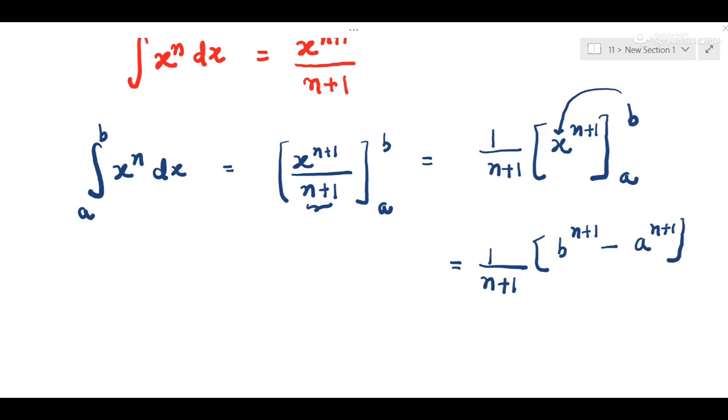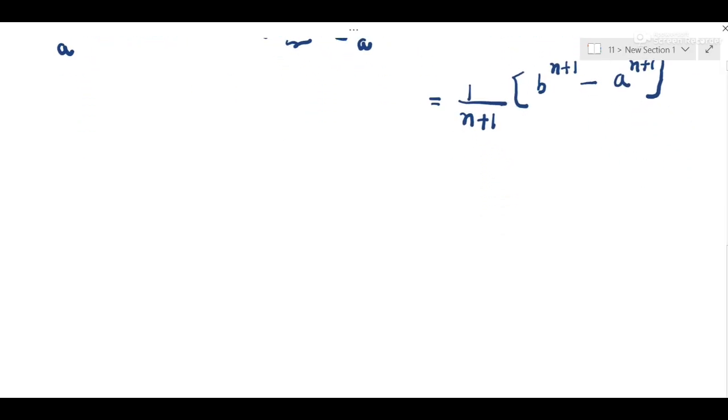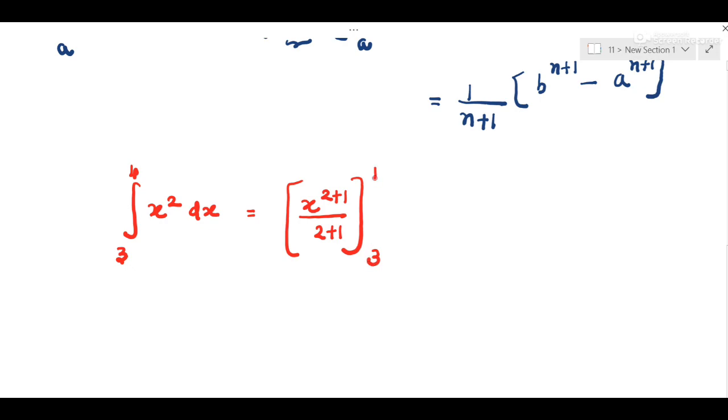Obviously you will learn about it in more detail in class 12, but right now we will learn only as much as we require. For example, if I am integrating x to the power 2 with respect to dx, and the limit is from 3 to 4, how would we do it? It will be x to the power 2 plus 1 divided by 2 plus 1, limits from 3 to 4.